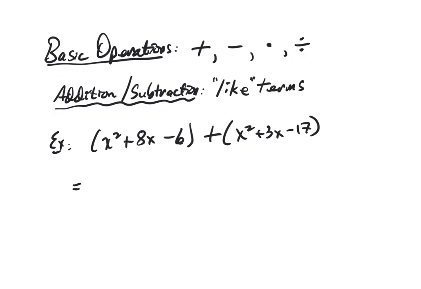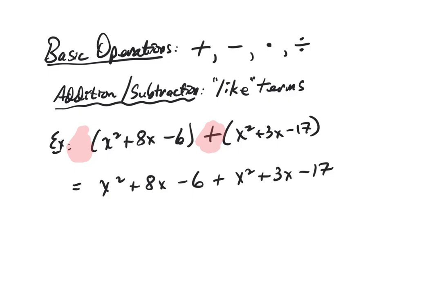Now, of course, you guys know that if there's nothing sitting in front of the parentheses, when you remove them, everything inside stays the same. When there's a plus sign in front of parentheses and you remove them, everything inside stays the same. Right? So removing the parentheses, because there's nothing in front of the first set of parentheses and there's a plus in front of the second set, everything inside stays the same.